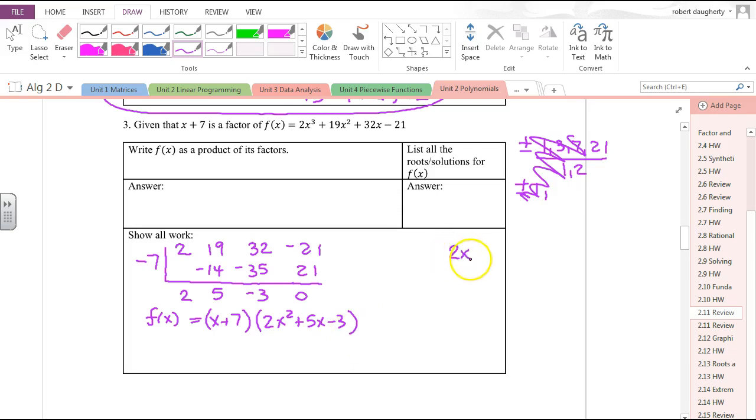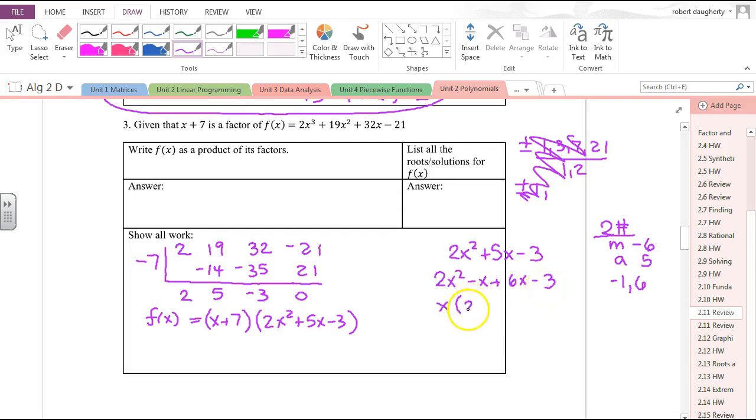So I need to factor 2x squared plus 5x minus 3, which means I need two numbers that multiply to give me negative 6 and add to give me 5. Those numbers would be negative 1 and positive 6. Multiply to negative 6, add to 5. This is 2x squared minus x plus 6x minus 3.